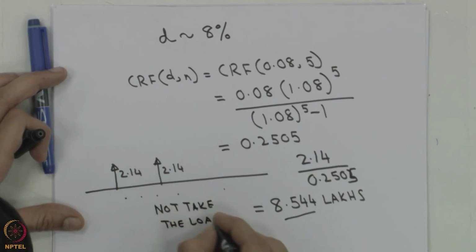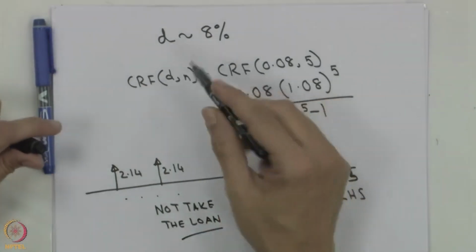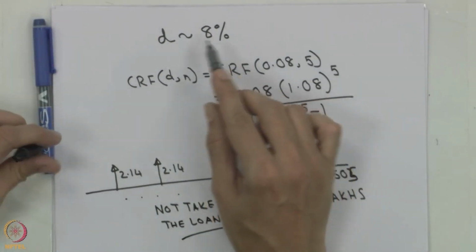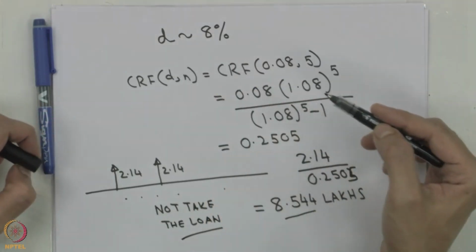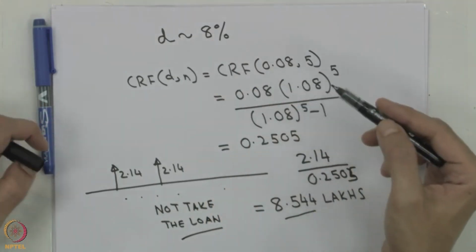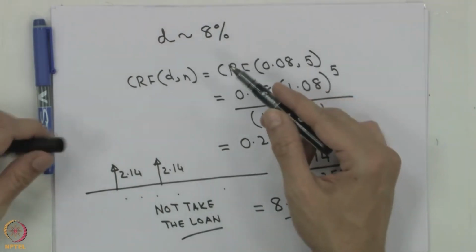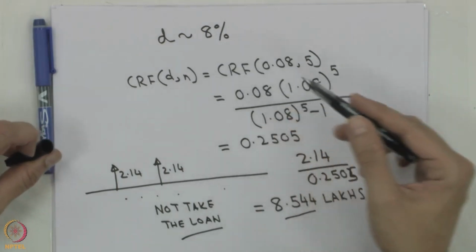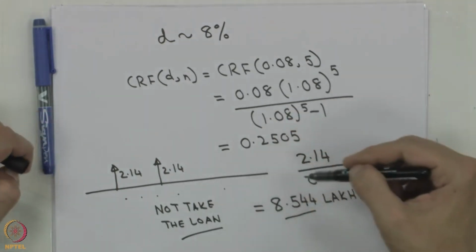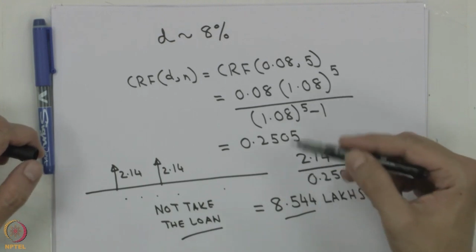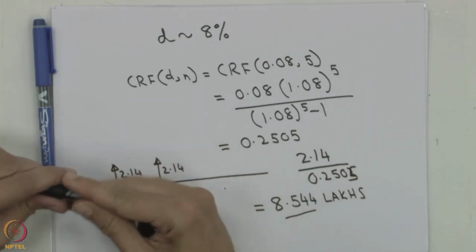So, very clearly the decision on whether to take the loan or not will depend on the discount rate that the individual has, and we compare that with the interest rate for the loan. In this case, since the discount rate for the individual is less than the interest rate of the loan, the loan is effectively much costlier than paying from the individual's own funds.